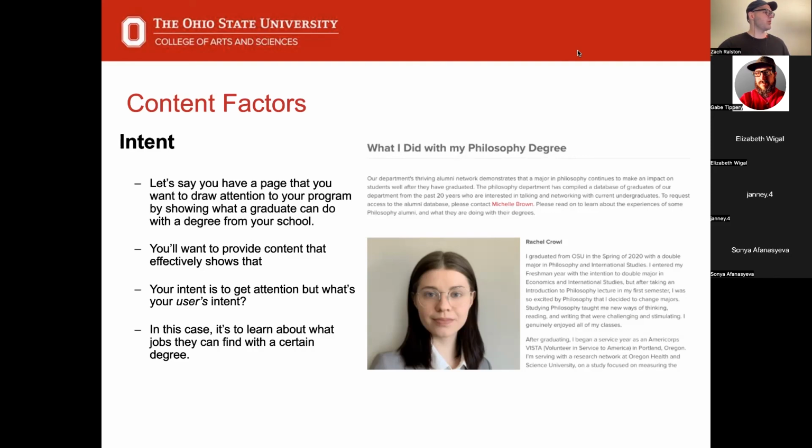So for example, the one on the right here, we have a graduate, Rachel Crow, who graduated from OSU in spring of 20, double majored in philosophy and international studies, and basically learned new ways of thinking and challenging herself. But she also did some pretty interesting things, served with AmeriCorps, worked at a research network at Oregon Health, and unfortunately that got cut off down there.